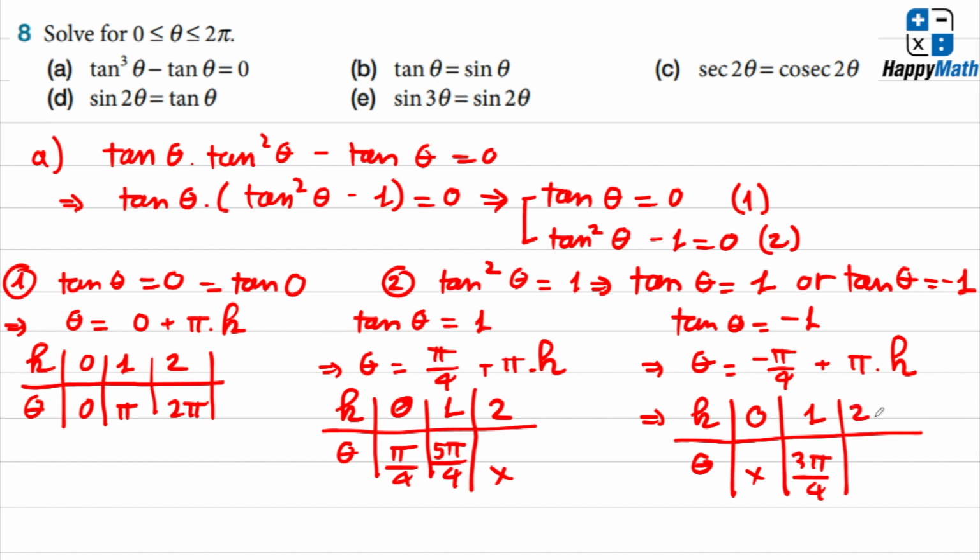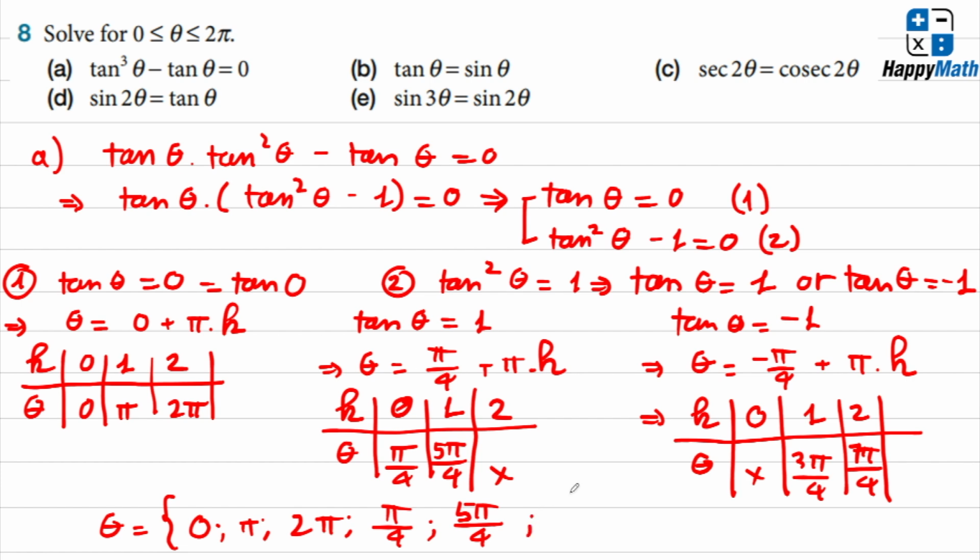And how about 2? I think that is possible. For 2, you get 7 pi over 4. So how many solutions of theta will you get in this equation? You will have 0, pi, 2 pi, pi over 4, 5 pi over 4, and the last two, 3 pi over 4 and 7 pi over 4. Yeah, that is question A.